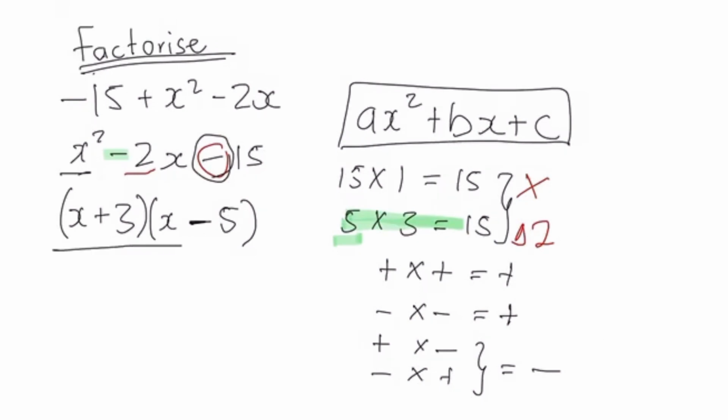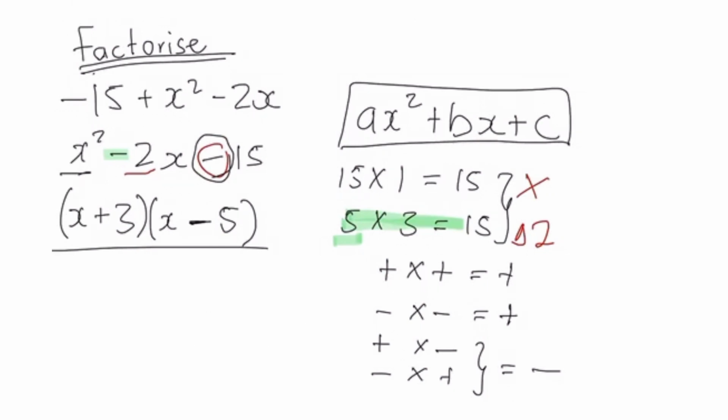When you FOIL this to simplify it, you will go back to the original expression. They are the same thing. After this step, you have answered the question that said you must factorize.